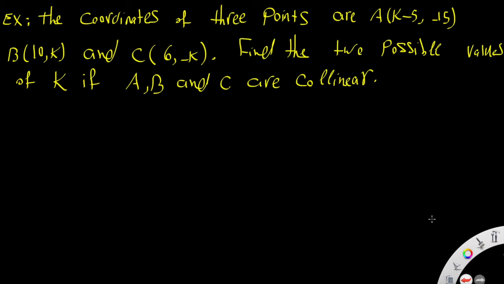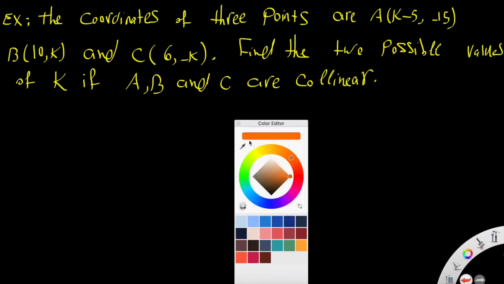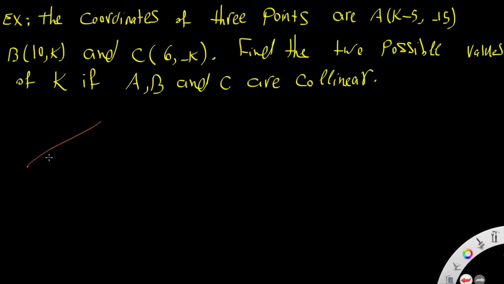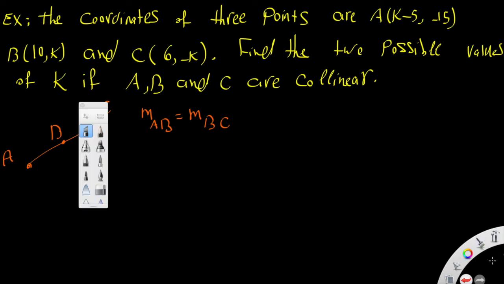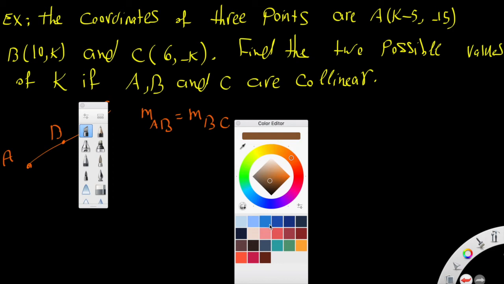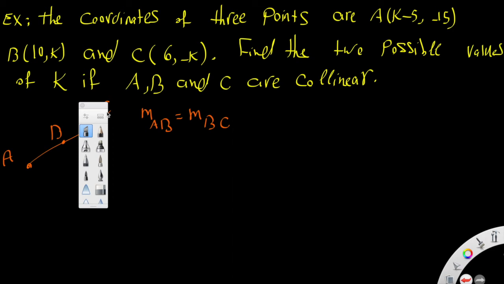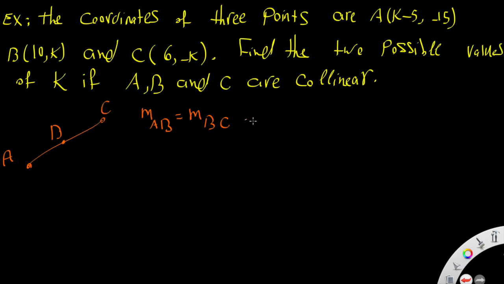Now, if three points are collinear, it means that they lie on the same line. For example, here points A, B, and C. So gradient of AB must be equal to gradient of BC, or you could say gradient of BC is equal to AC, doesn't matter. So here, first I find gradient of AB.